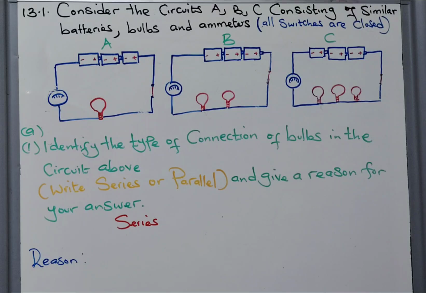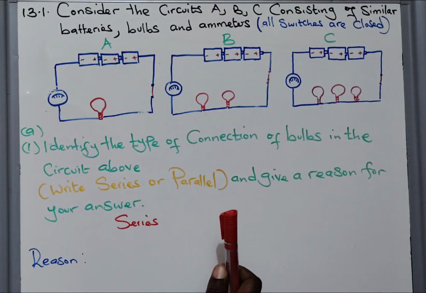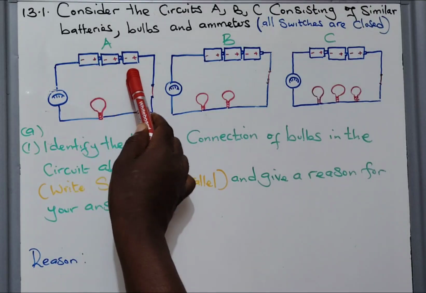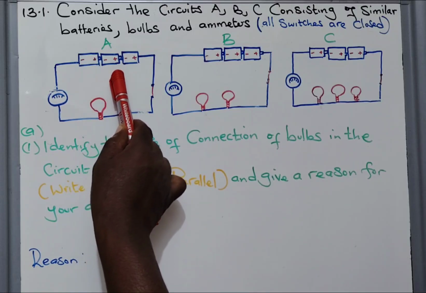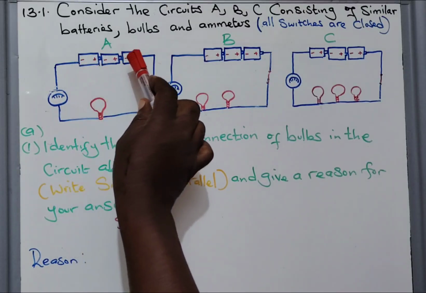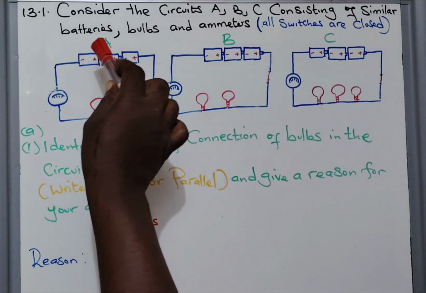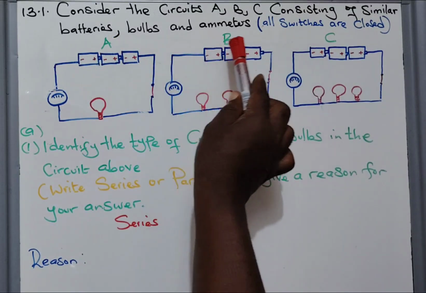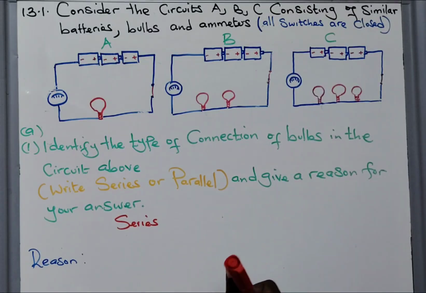The reason is that in all these circuits, there is only one path for the current. If you look at our cells, which make up the battery, electric current is going to flow like this in one path. It doesn't have any other alternative path. So when you have a situation like this, that arrangement is called series.